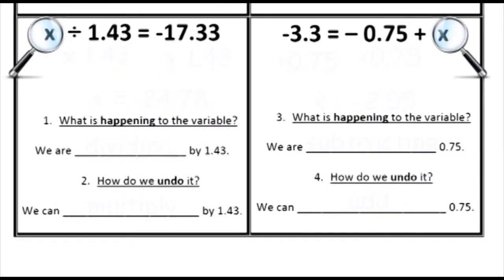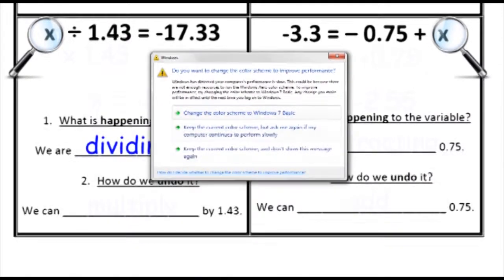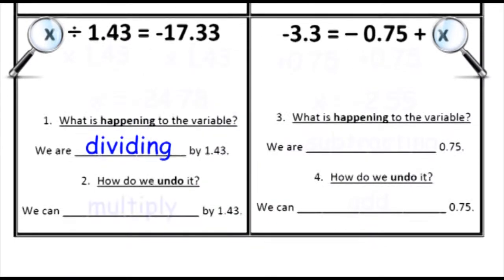Let's look at x divided by 1.43 equals negative 17.33. Ask yourself, what is happening to my variable? I'm dividing by 1.43. Again, the negative 17.33 is not doing anything to my variable. It's just on the other side, waiting. So I'm dividing by 1.43, so I need to multiply by 1.43.